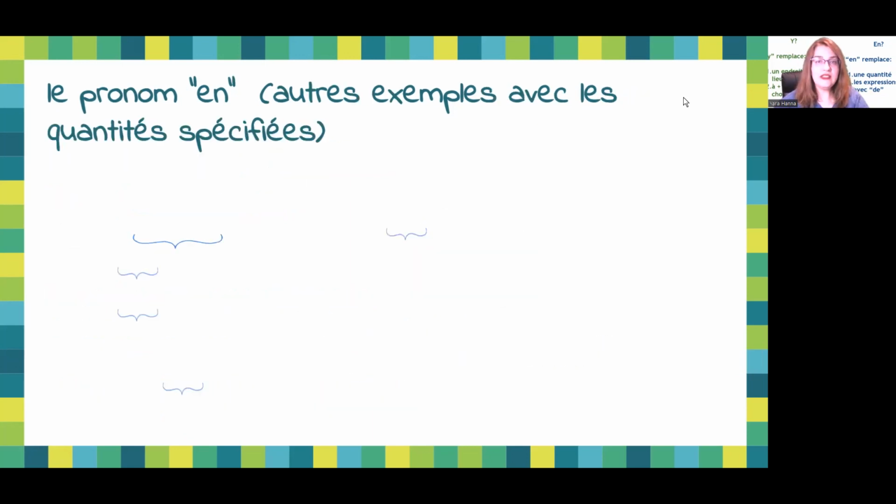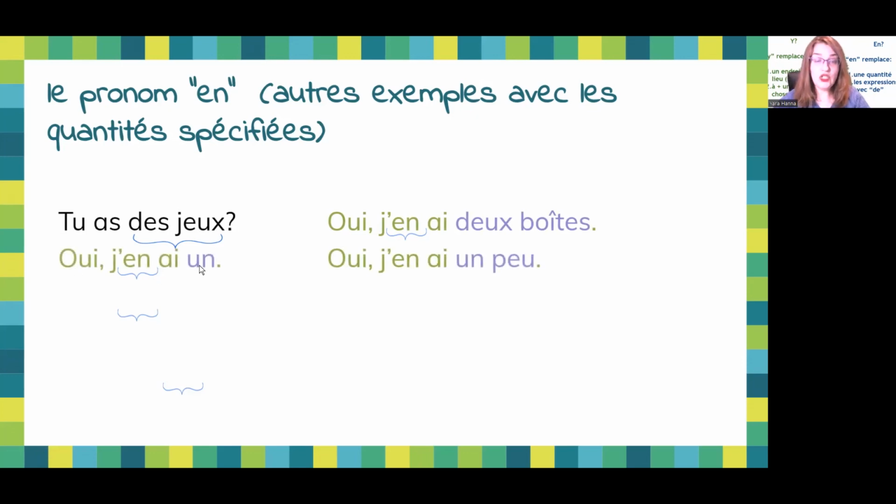Maintenant, d'autres exemples avec les quantités spécifiées. Tu as des jeux? Oui, j'en ai un. Do you have any games? Yes, I have one. Or we can say, oui, j'en ai deux boîtes. Yes, I have two boxes of games. Or, oui, j'en ai un peu. Yes, I have a little. So here, notice that the expression of quantity and the numbers stay at the end.